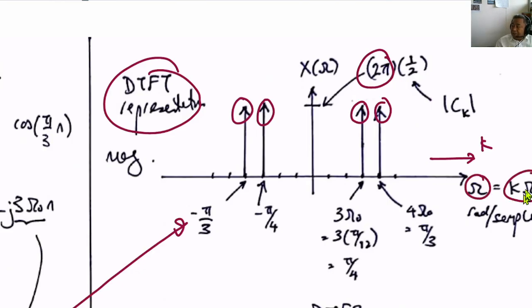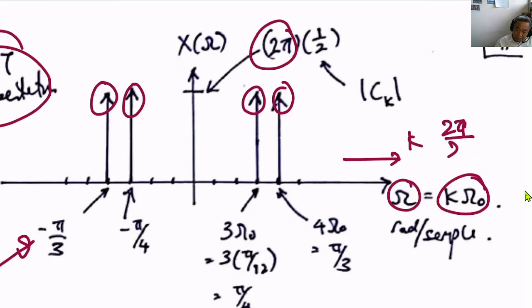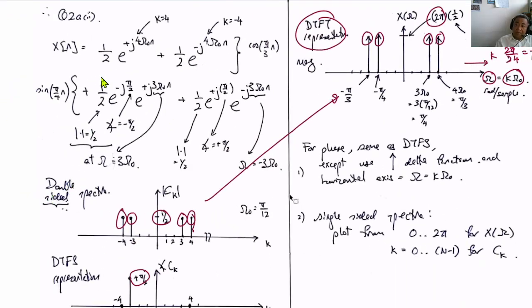We just multiply the k index by omega naught, and omega naught is 2 pi over 24 in our example, or pi over 12, multiplied by k from 0 to 12, or from k equals 0 to minus 12. With that, I think we have just done the DTFS and DTFT representation of this sinusoid as complex exponentials.